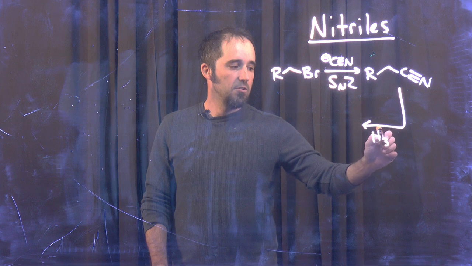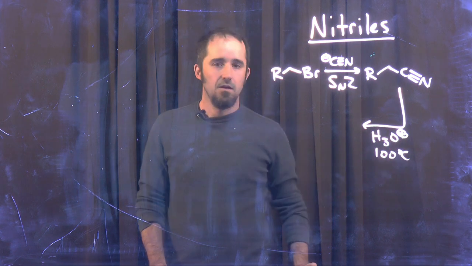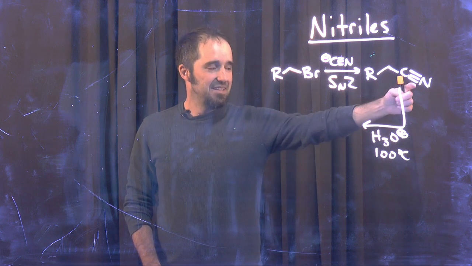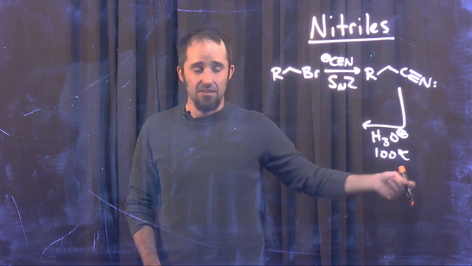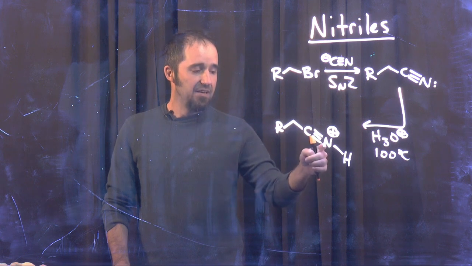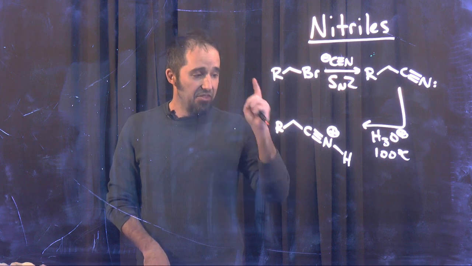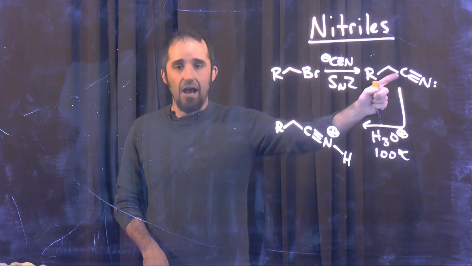What if I were to cook this in aqueous acid? Well, where is the most basic site in a nitrile? It's definitely going to be this nitrogen on the end, right? So now I have my protonated nitrile, and just like an ester or an amide, this is a much better electrophile than that was.